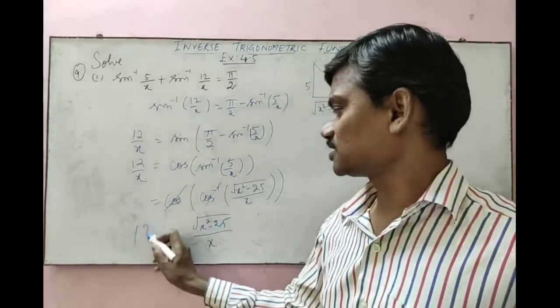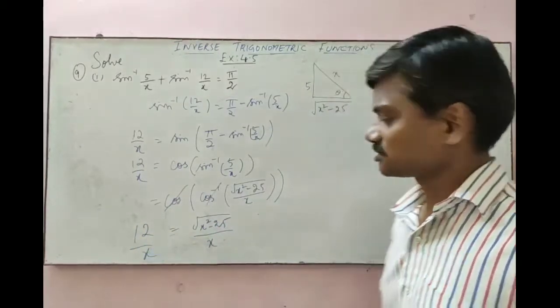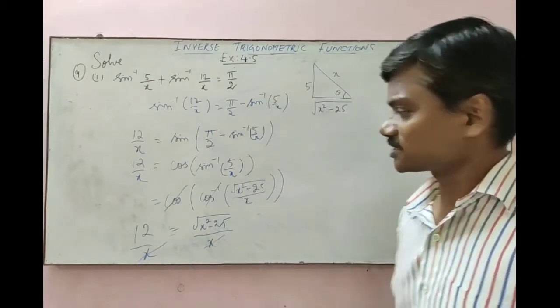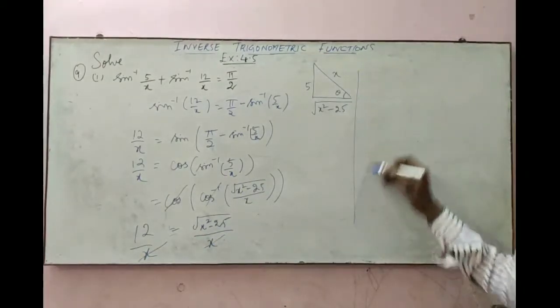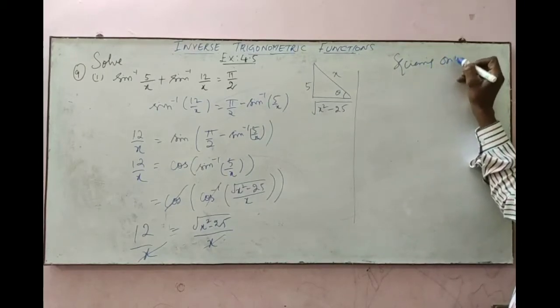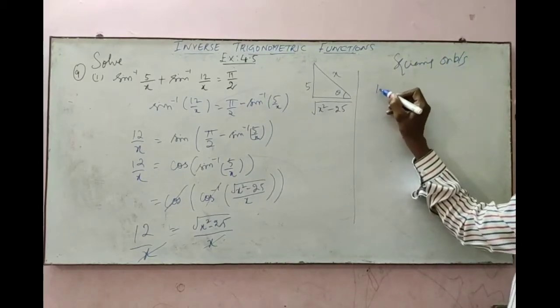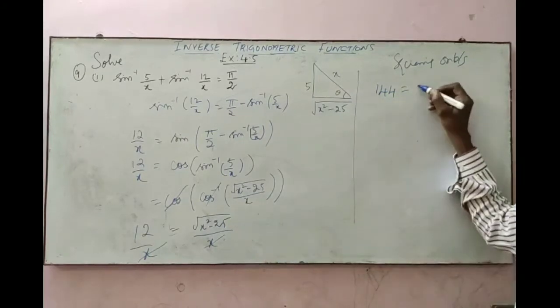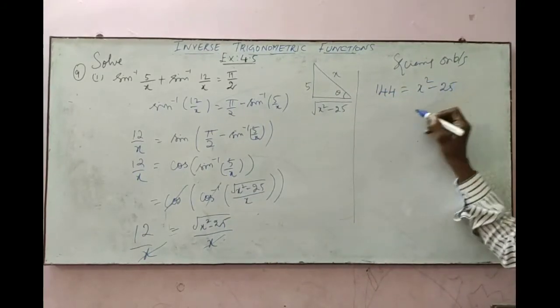In the left hand side, 12 by x. Here the denominator x gets cancelled. Squaring on both sides gives 12 square, that is 144, equal to, here the root gets cancelled, you will get x square minus 25.